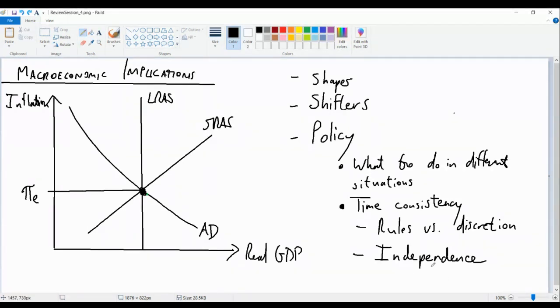Actually, one thing that connects this part of the class to the previous one that you'll need to remember is, suppose the Fed wants to lower interest rates. You do need to remember how the Fed would do that, right? The Fed would lower interest rates by buying bonds or lending to banks or both.